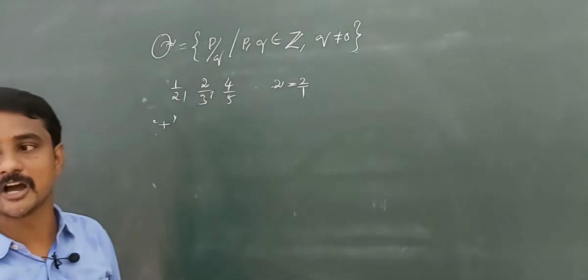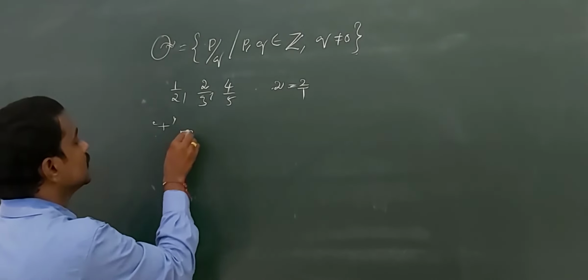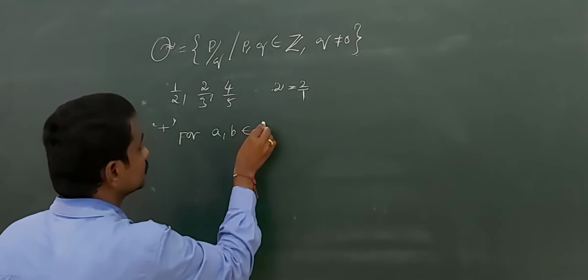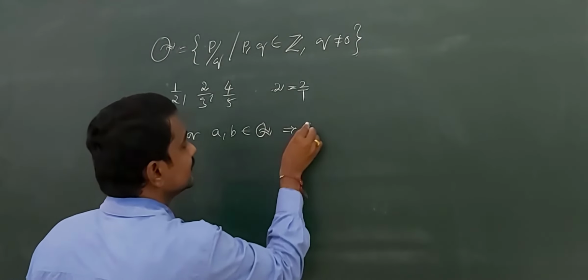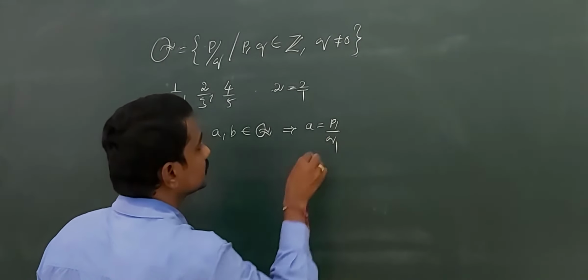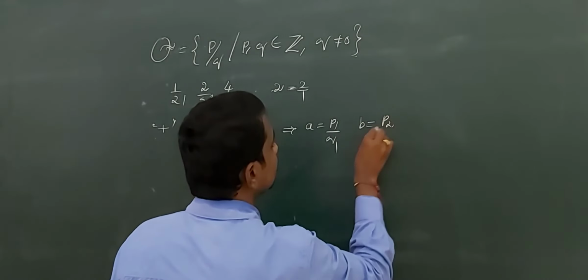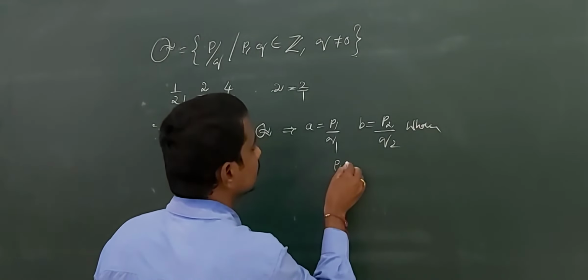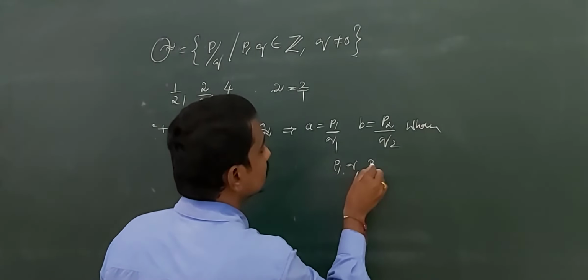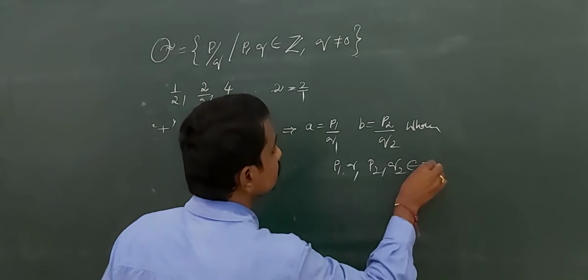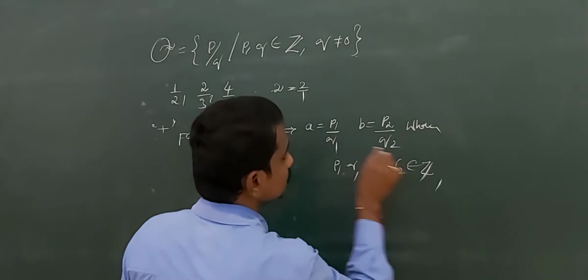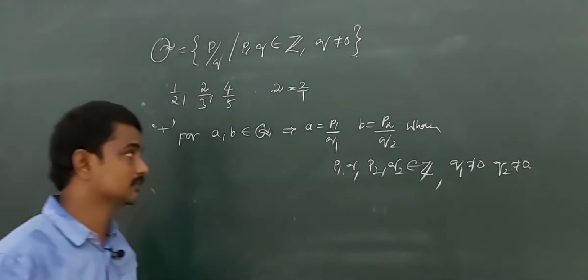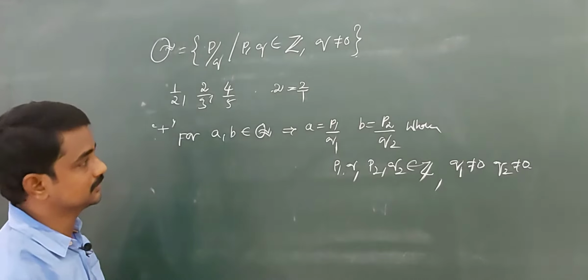Addition. First one, addition. Addition is a binary operation on Q. For any two elements a, b belonging to Q, a is equal to p1 by q1, b is equal to p2 by q2, where p1, q1, p2, q2 belong to Z, and q1 not equal to 0, q2 not equal to 0.